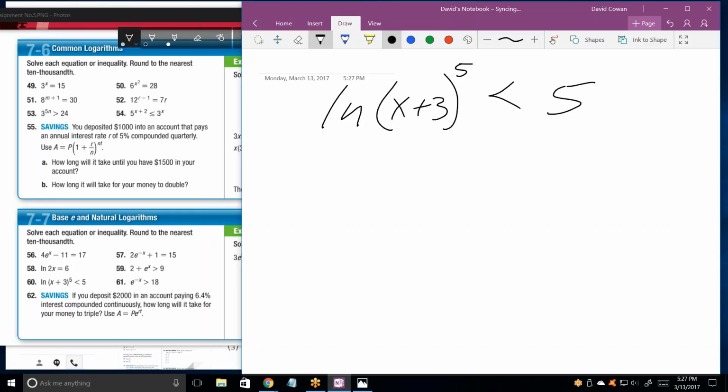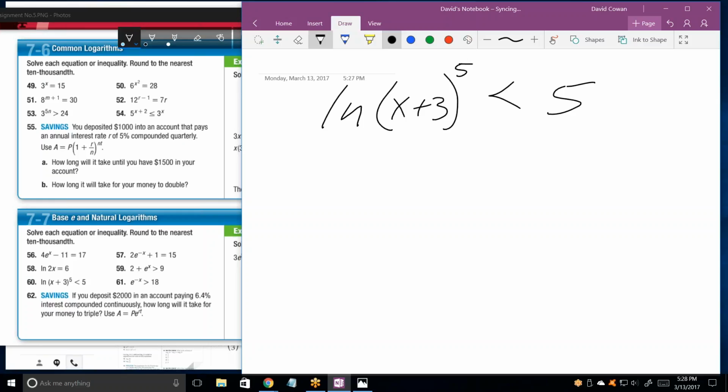Now, when you have a log equation, in other words, what we just dealt with was an exponential equation, we solved it by taking the logs of both sides. Well, when you have a log equation, you usually solve it by converting it to exponential.